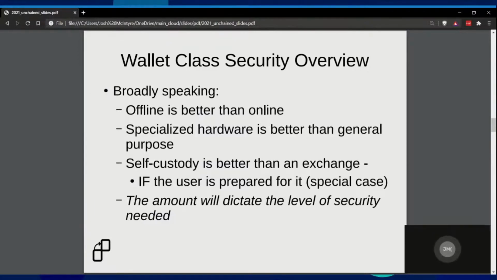We're used to having somebody that can bail us out if we get hacked, right? If my credit card gets hacked and my number gets out there, I'm not responsible for those charges. It doesn't work that way with Bitcoin. If I make a mistake and lose money, there is no one there to rescue me. And so there should be an expectation that users are prepared for this before they move to self-custody.